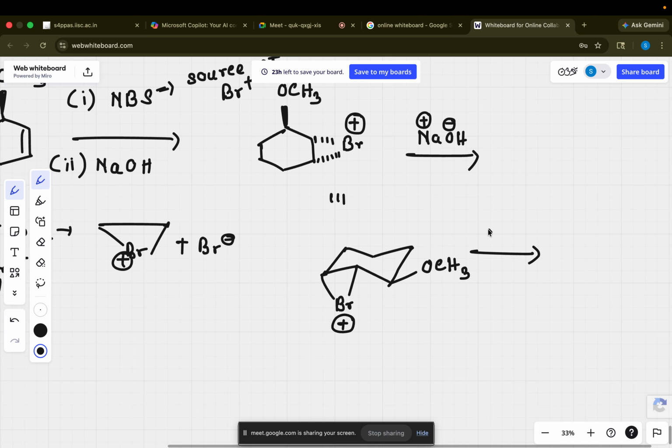Now OH minus is there, so the question is, OH minus will attack which position? This carbon or this carbon? What do you think? Am I audible? Yes, sir. Where will it attack?